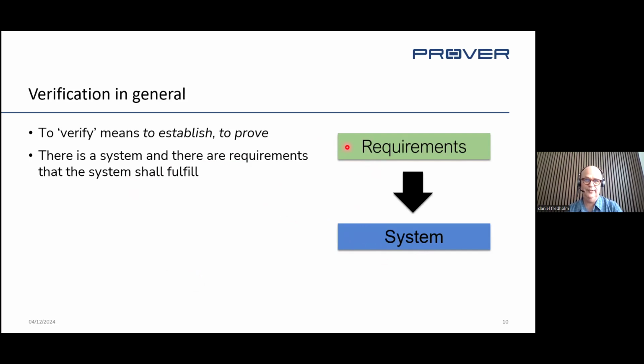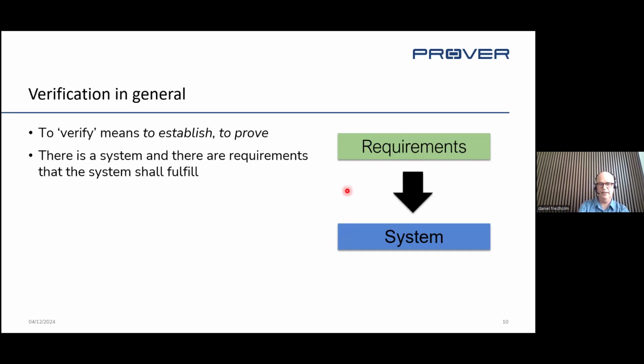And of course, this is just a very general statement, but when it comes to signaling systems, these usually have quite concrete meaning.